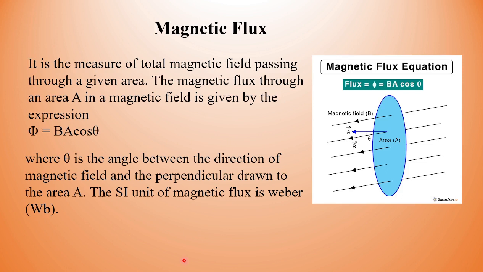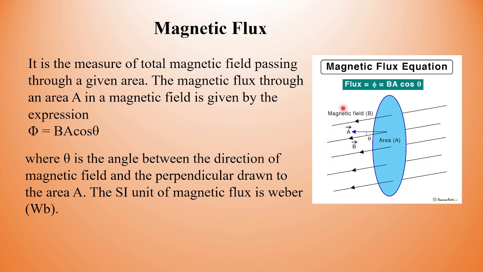Now we have another term, the magnetic flux. Magnetic flux is a measure of the total magnetic field passing through a given area. In the figure you can see there is a magnetic field, represented by magnetic field lines.